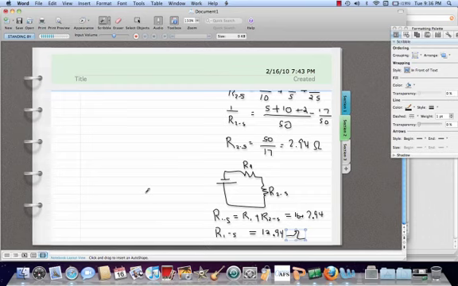Okay, so that gives me the circuit that looks like this. And this is just the resistance of all of them. So I'll just call it R total.